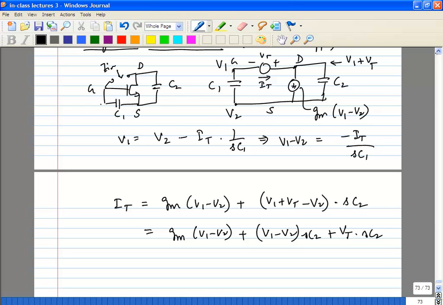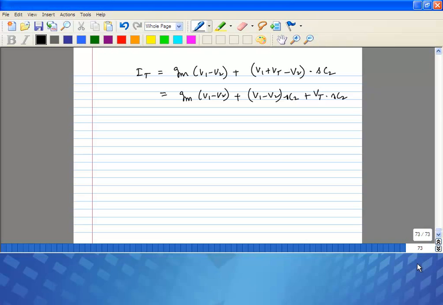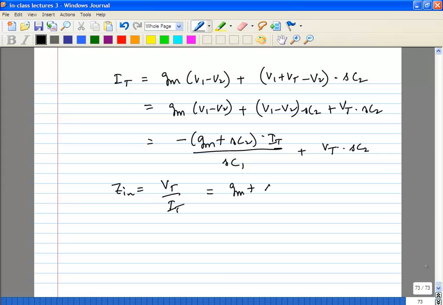Oh, plus Vt times SC2. Okay, so this is what you get: Gm plus S times C1 plus C2 over S square C1 C2.